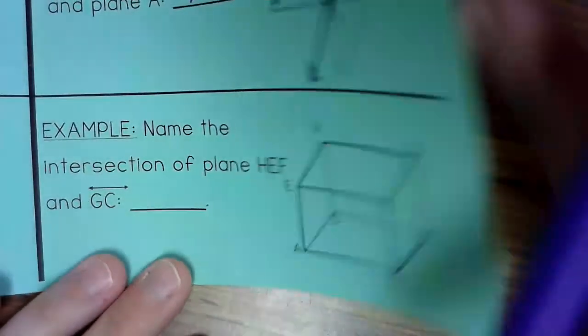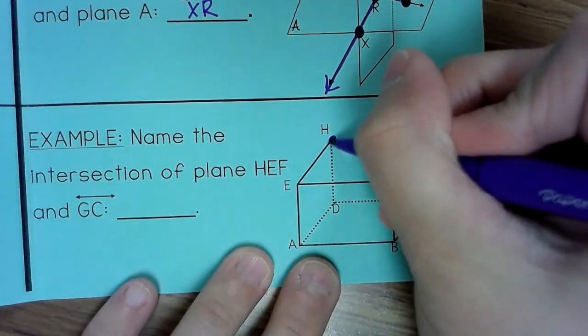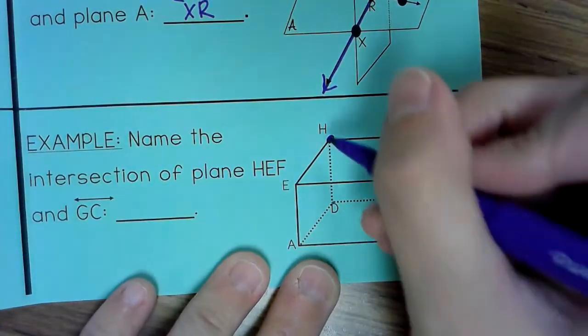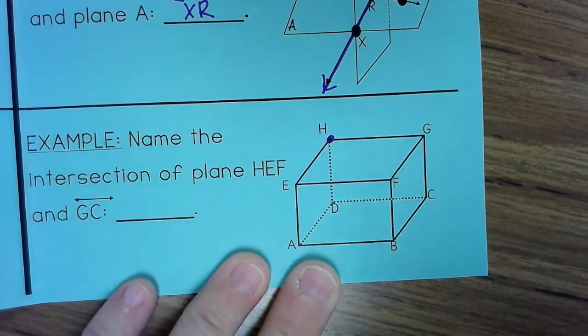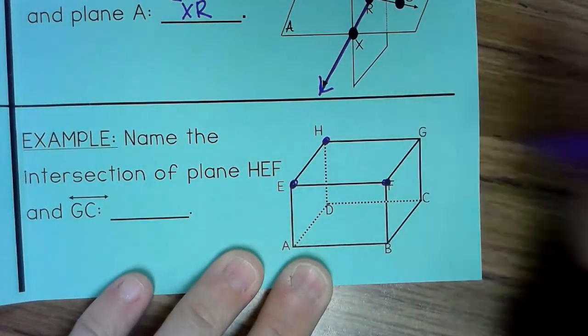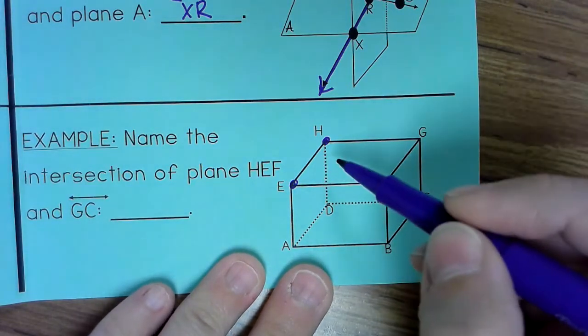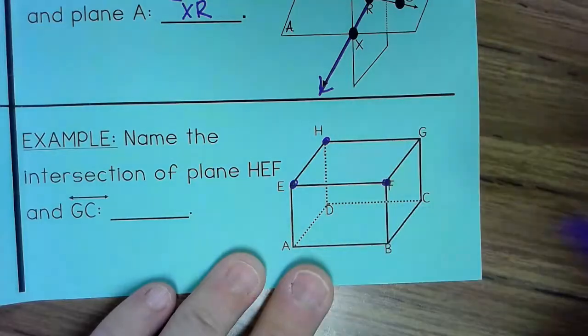So here's your example. Name the intersection of plane HEF. Let's find that plane real quick. So here's H, E, and F. Remember, a plane just needs 3 points to be able to name it. But a plane is that flat surface.